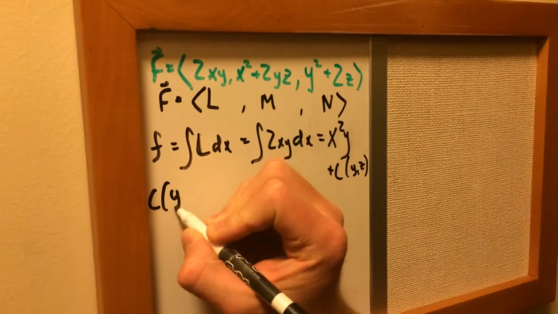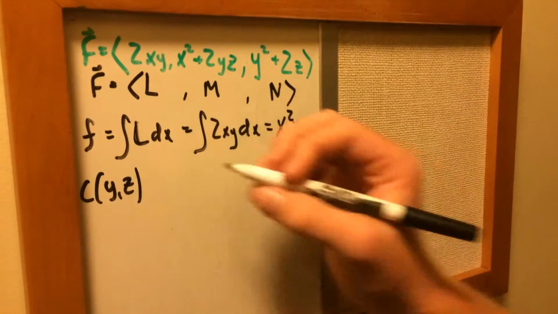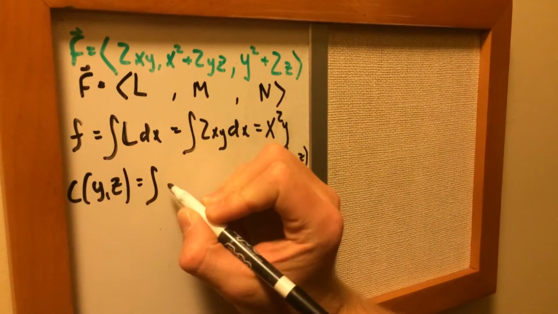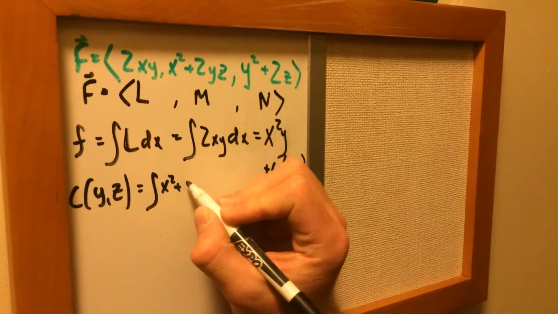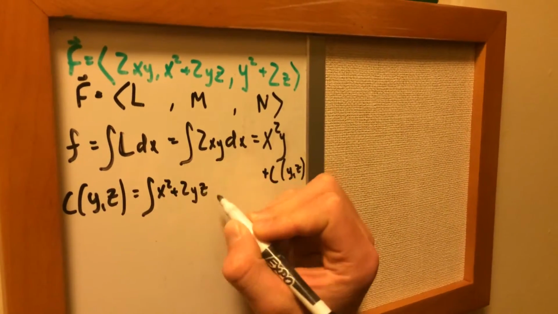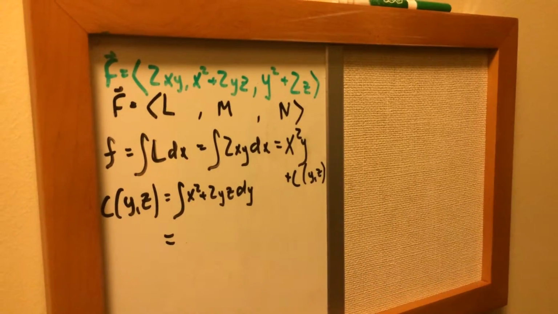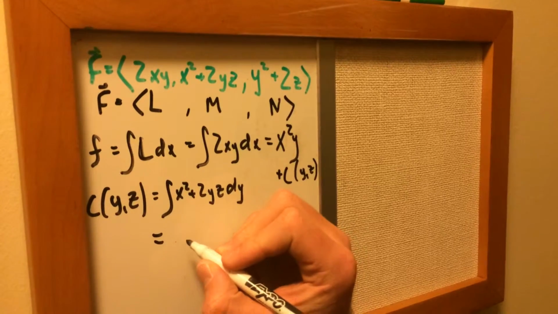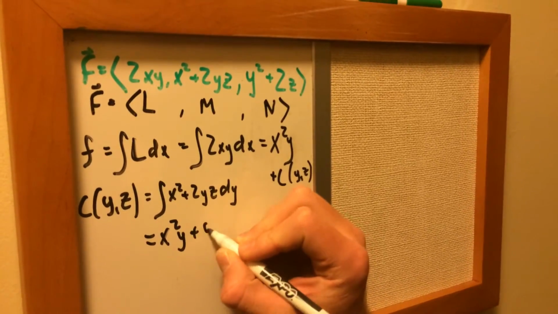So we have c in terms of y and z, and now we're going to use the middle term, M. That's going to equal the integral of M, which is x squared plus 2yz, with respect to y. If we solve for that, that's pretty simple, and we're going to end up with x squared y plus y squared z.